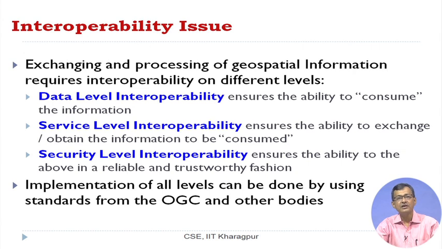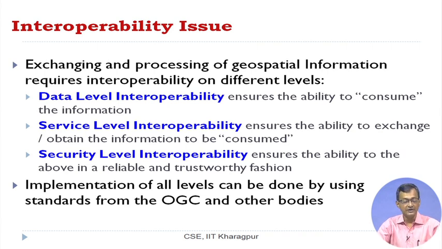We also have a major challenge of interoperability. Data-level interoperability: one dataset should match with the other while we are doing, say, buffering. Service-level interoperability: two services can talk to each other. Security-level interoperability: when I have different policies on different datasets, what should the security-level interoperability be?